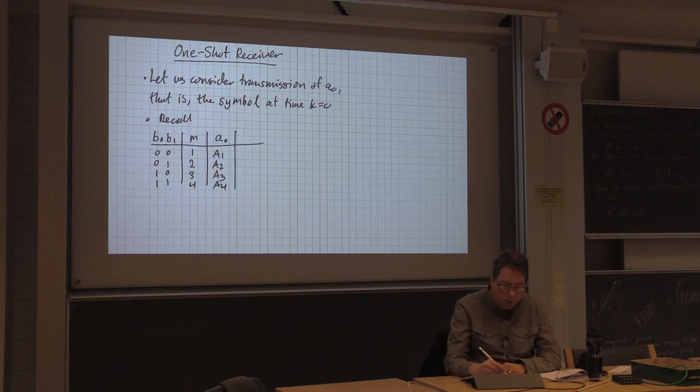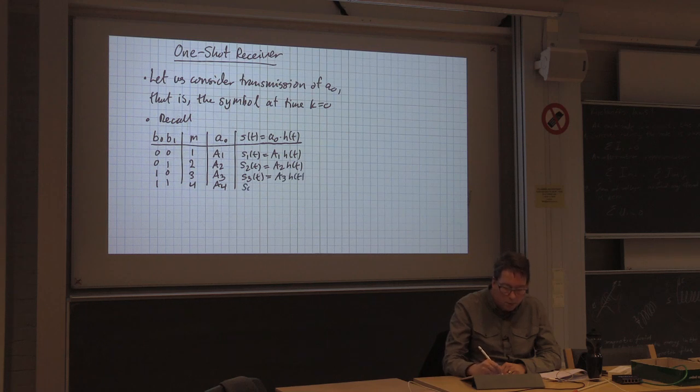And then the transmitted signal s(t) is A0 times h(t), which in the first case is s1(t) equal to A1 times h(t). s2(t) is A2 times h(t). s3(t) is A3 times h(t).